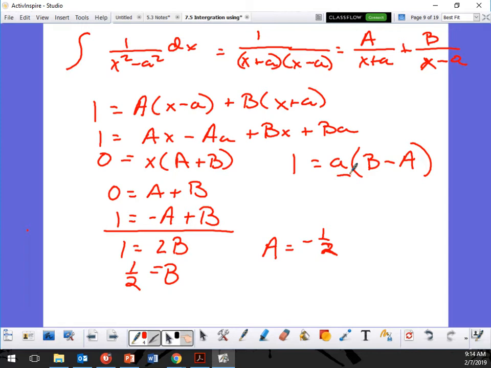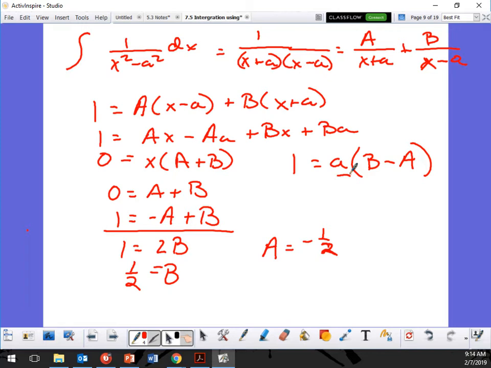I see that, but my algebra doesn't like me here. 1 equals 2a. That sucks. Yeah, I thought I was on a roll too.